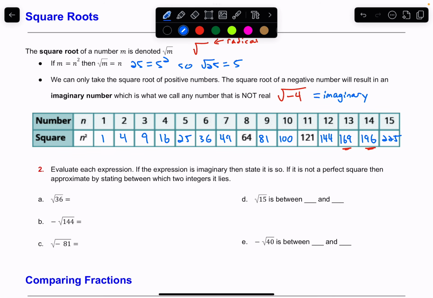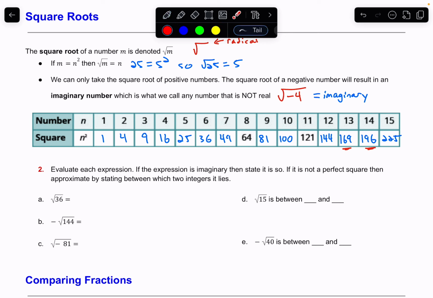All right, so let's look down. Number 2: if you are able to pause the video and skip ahead and do any of these, I highly recommend you do. What we're going to do is evaluate each expression, and if that expression is imaginary, then we're just going to say so. For parts D and E, because they are not perfect squares, we're going to approximate by stating what 2 integers it lies between. Part A is the easy one.